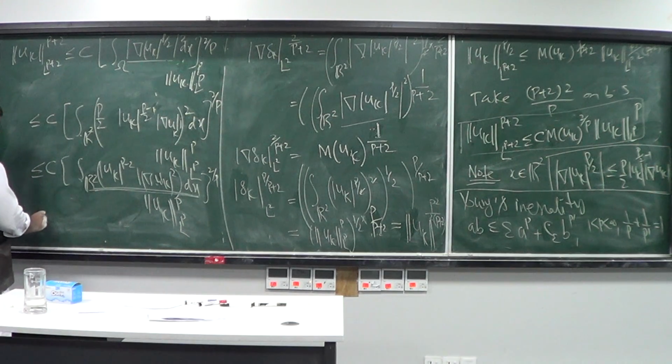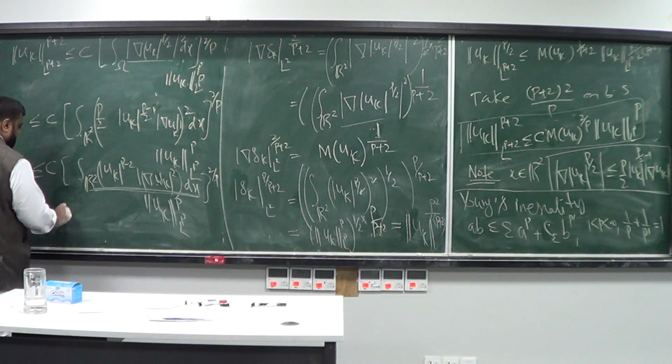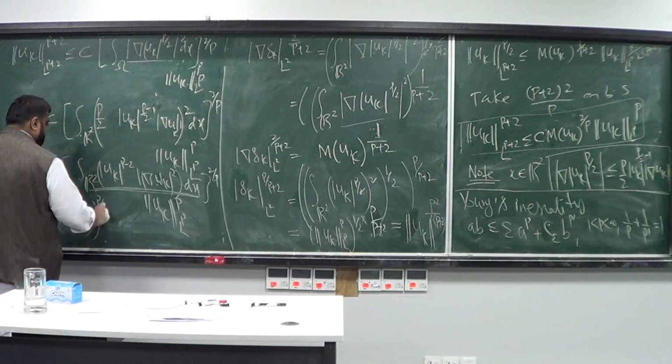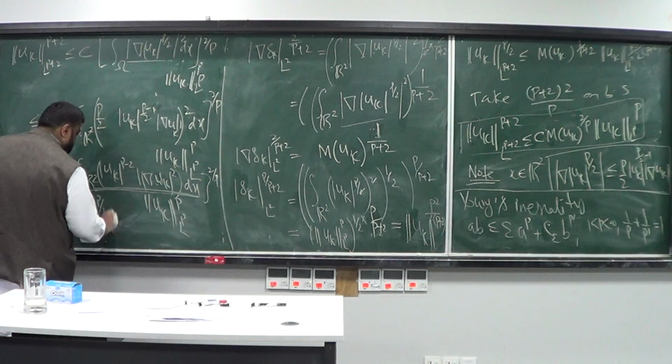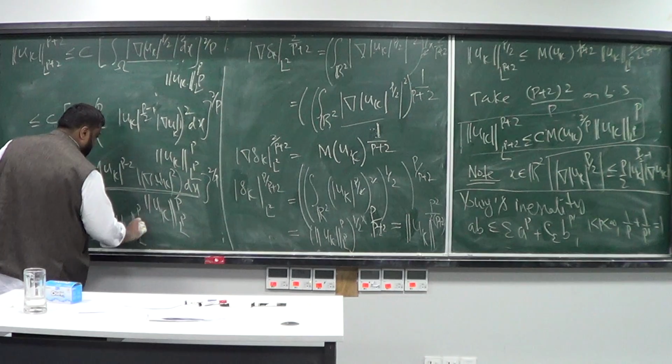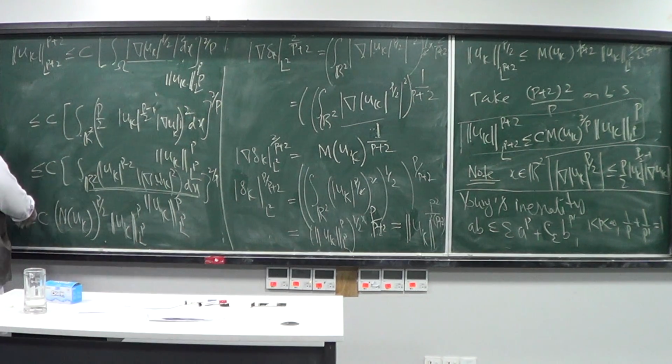So this will become a constant, N(u_k) raised to p/2, times the L^p norm of u_k. So I would say that this is less than or equal to the L^(p+2) norm of u_k. So this is the final inequality that you get.